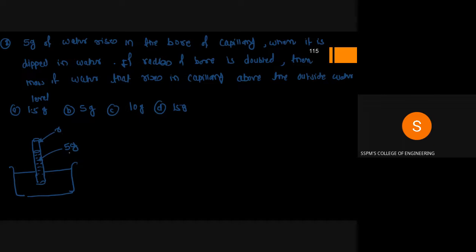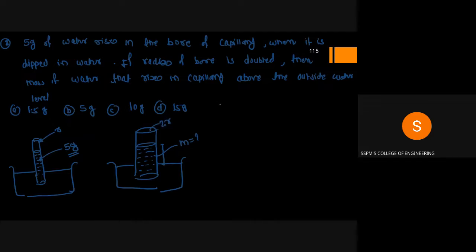In this case, the water which is raised in the tube has mass 5 g. If we double that radius, and suppose this is the rise, then for this liquid, what is the mass? Here the radius is 2r.